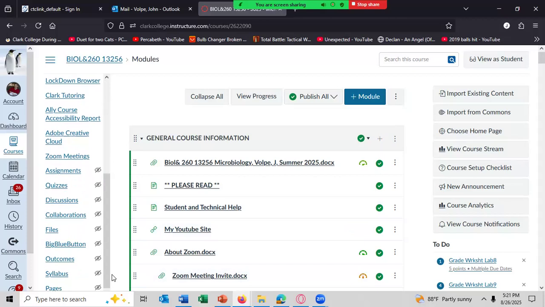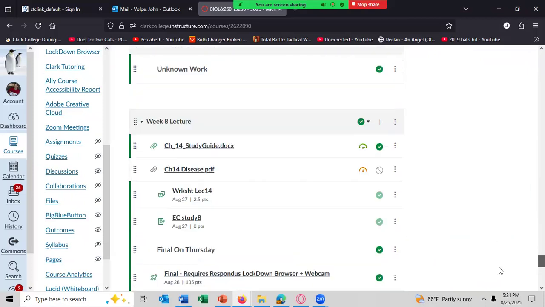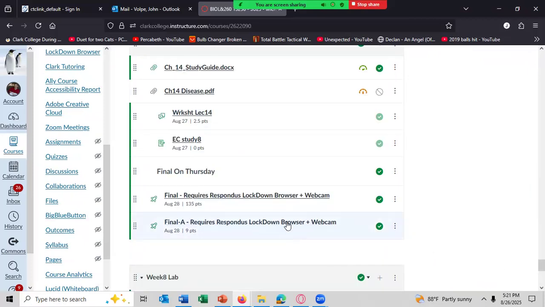There are two finals. The final A is a short answer or essay type question. I don't think there's really any essay type questions, but there might be. And you do need to go in with Zoom, not Zoom, Respondus Lockdown Browser and Respondus Monitor.